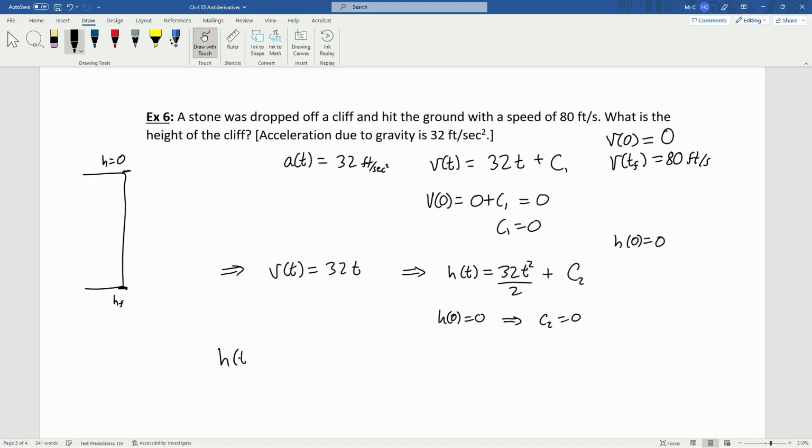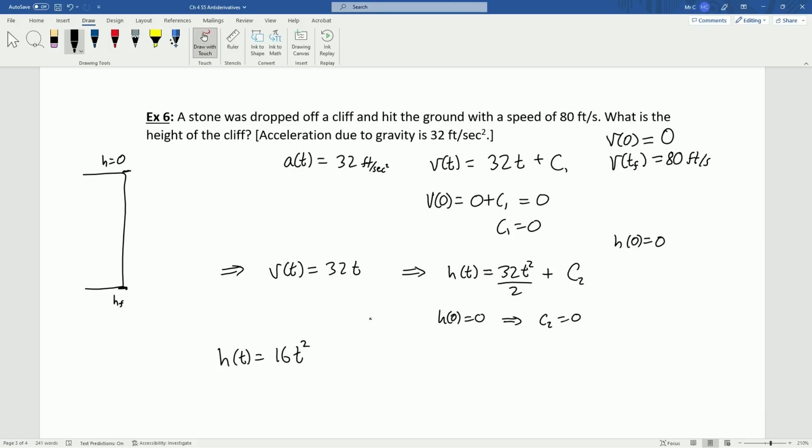So my height function is just 32 over 2t squared, or 16t squared. Okay, so now the question becomes, based on what we know, how high is this thing? Well, in order to figure that out, I need to know what is the value for the final time here.